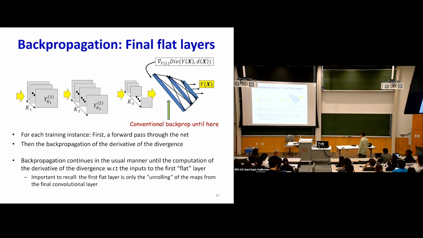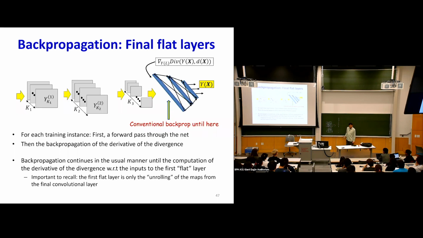But the thing to remember here is that the flattened vector was simply composed by, say, if I had something of this kind, A, B, C, D, E, F, G, H, I, and then the next map would have J, K, L, and so on. You just restructure this as a single vector.